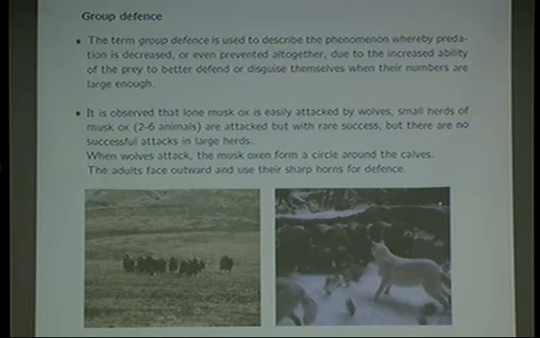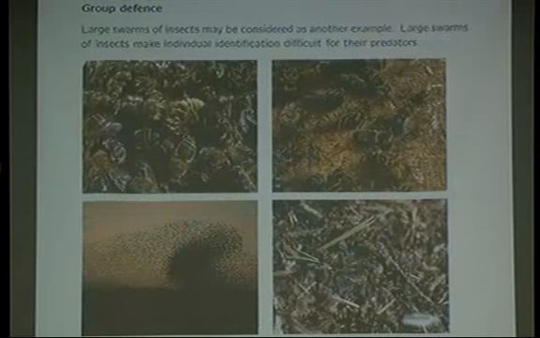When they form a group, the wolf's attacks rarely succeed. But when the musk ox is alone, the wolf attack is always successful. So this case is an example of group defense.